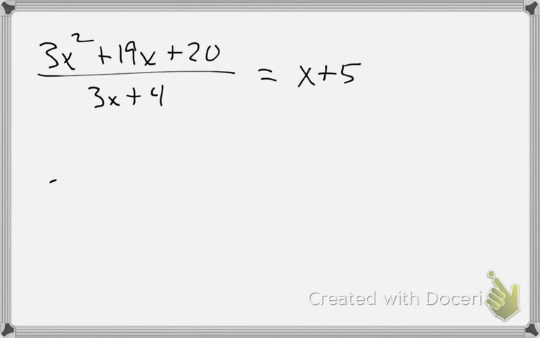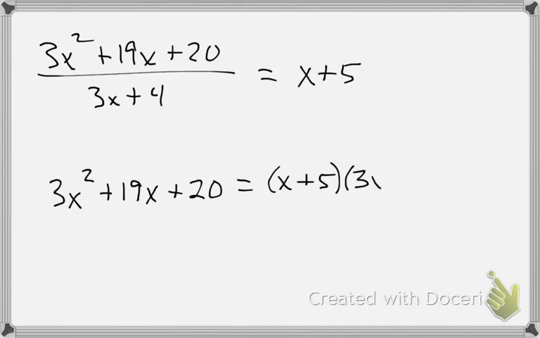Remember how division works. If 3x squared plus 19x plus 20 divided by 3x plus 4 equals x plus 5, then x plus 5 times 3x plus 4 equals 3x squared plus 19x plus 20.